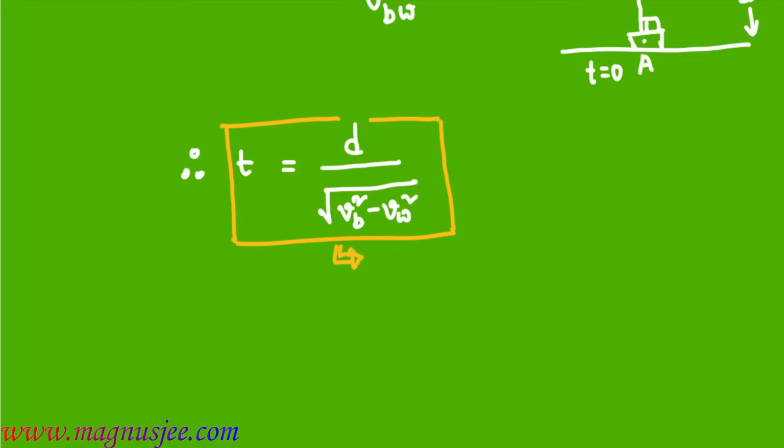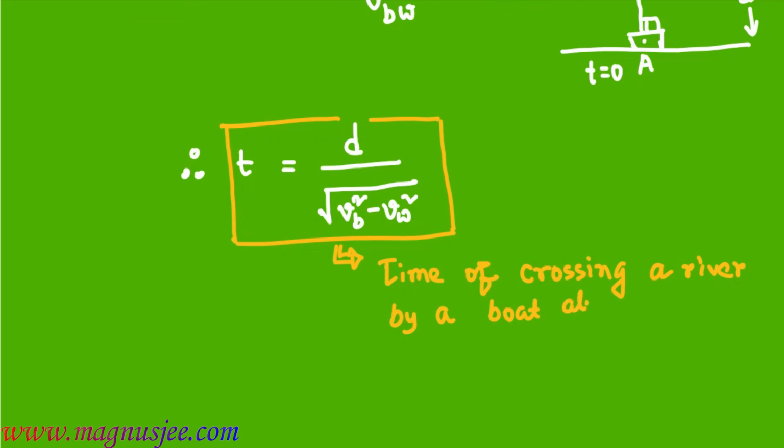This is the time of crossing the river by a boat along the shortest path of the river. Shortest path means minimum distance.